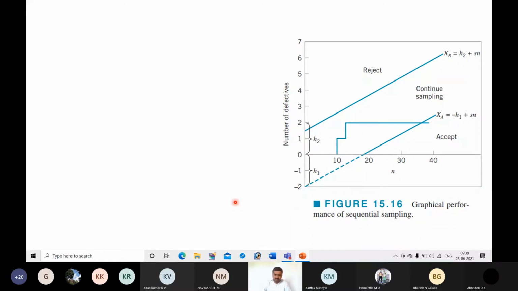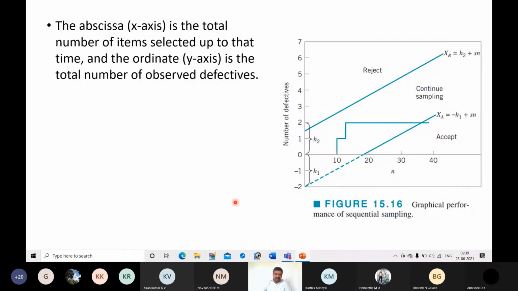In the graphical method, the abscissa, that means the x-axis, is the total number of items selected up to that time. After 20 stages, what is the sample number? That will be on the x-axis.